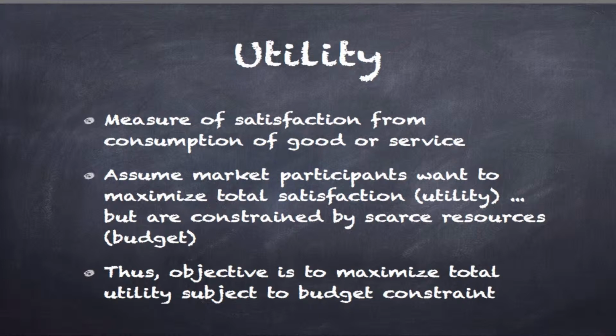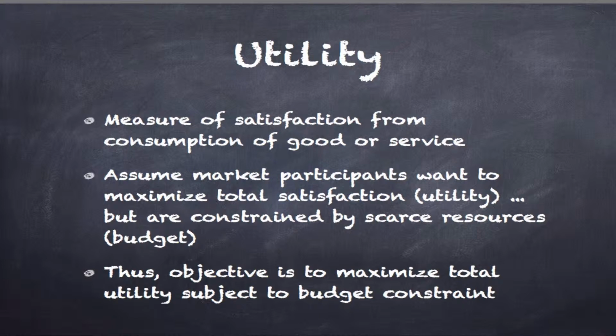We'll recall that when we think of utility, we think of this idea of satisfaction. And indeed, utility, or the satisfaction we speak of, is going to come from the consumption of various goods or services. Now, we assume that our fundamental assumptions hold true here, that participants in the market are motivated by maximizing their personal or economic outcomes.